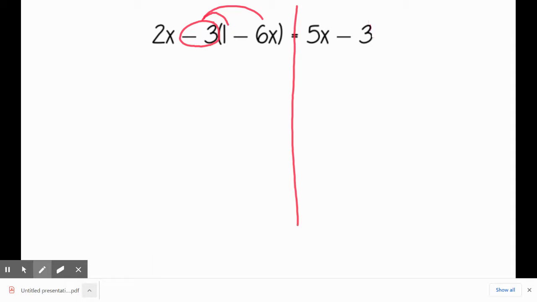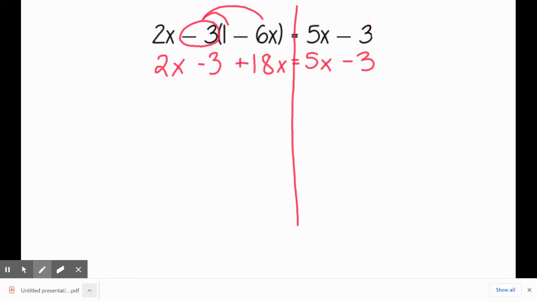Negative 3 times 1 is negative 3. And negative 3 times negative 6x, I know that a negative times a negative is a positive, so that becomes plus 18x. And the rest of those terms come down, so this becomes 2x minus 3 plus 18x equals 5x minus 3.